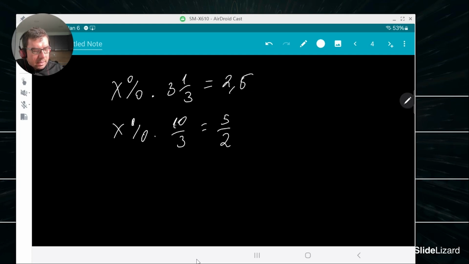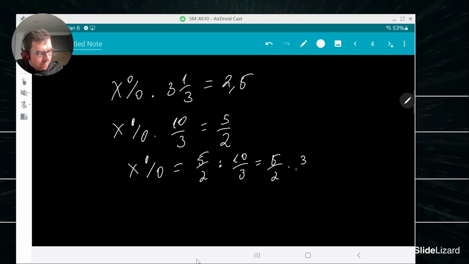Then this 10 over 3 goes on the other side with the opposite sign, so it's going to be X percent equals 5 over 2 divided by 10 over 3, which is 5 over 2 times 3 over 10. If I reduce the 5 and the 10, I get 1 and 2, so this is 3/4.